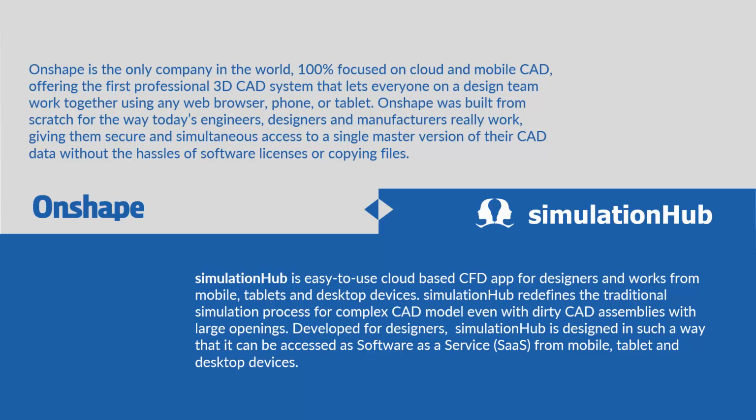The workflow is presented in a very simple format so that it is easy for a designer to use that analysis tool. Simulation Hub is designed in such a way that it can be accessed as software as a service from mobile, tablet and desktop devices. So the philosophy of Onshape and Simulation Hub makes them natural partners, bringing the power of CAD and CFD simulation to the designer.